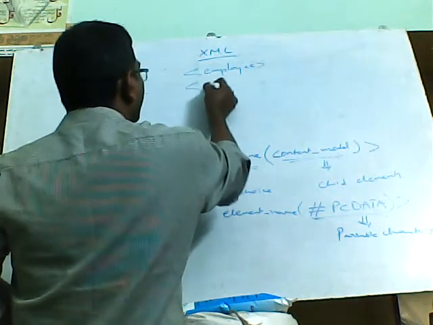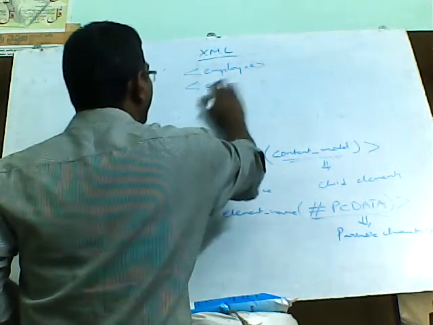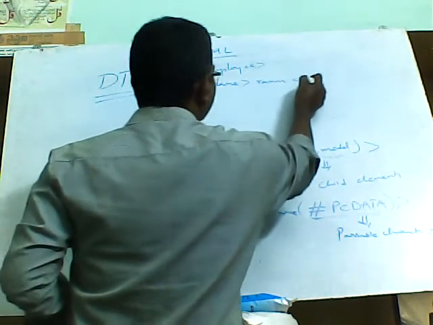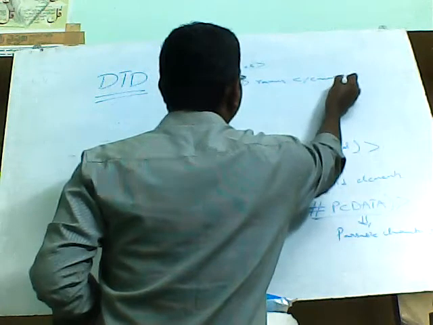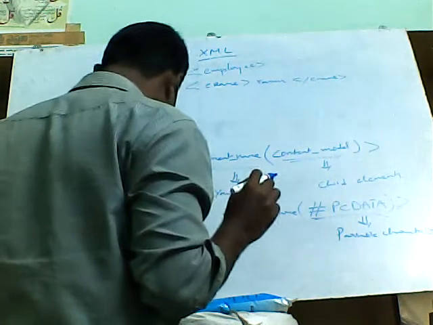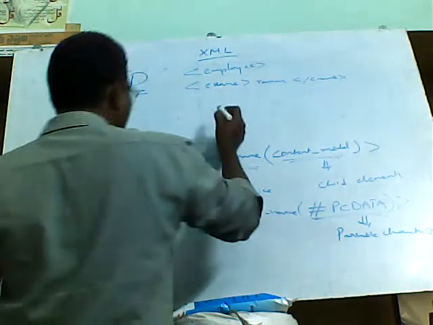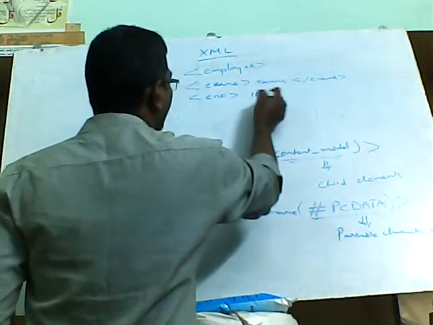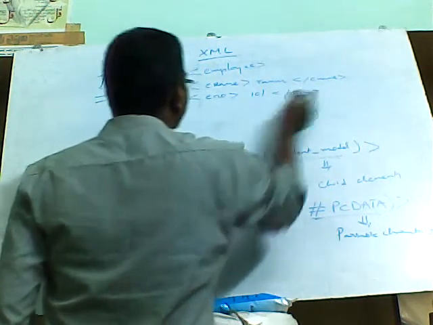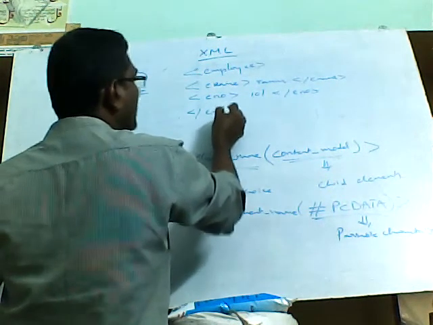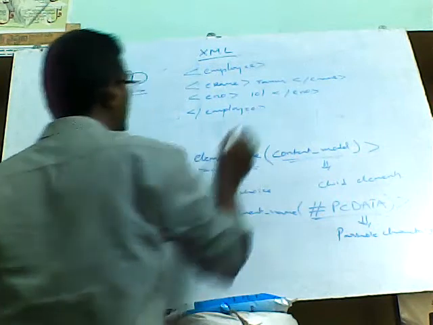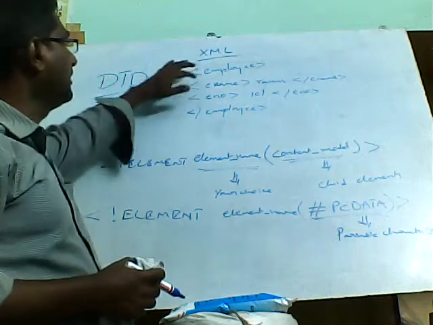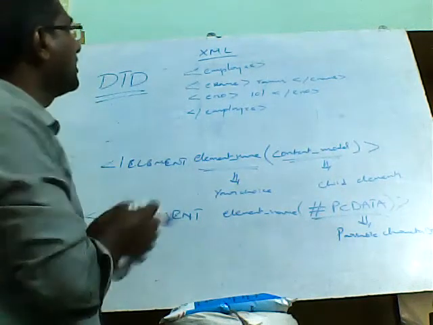Under that, the employee name, Ramu, in an email tag. Next after that, the employee number, like 101, closing the email. If you want, you can add one more element also. Here, overall how many elements? Three elements. Employee is the root element and these are all child elements.